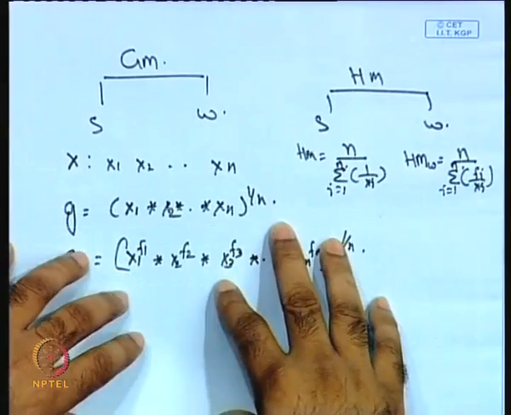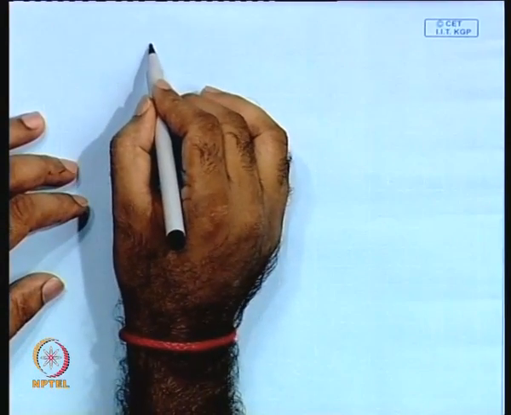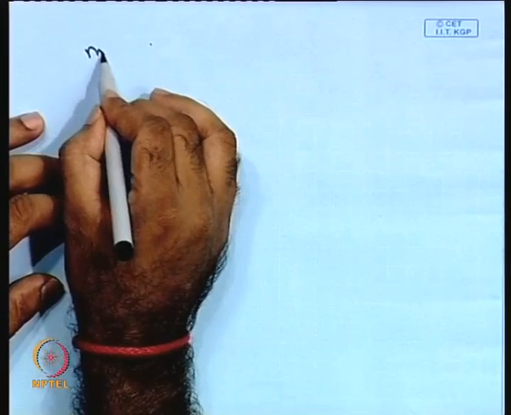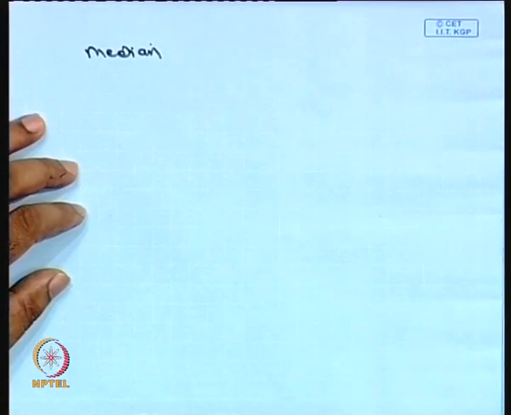Now within this basic setup of the mathematical averages, you will come down to the positional average. The first positional average is the median. So, what is this median?